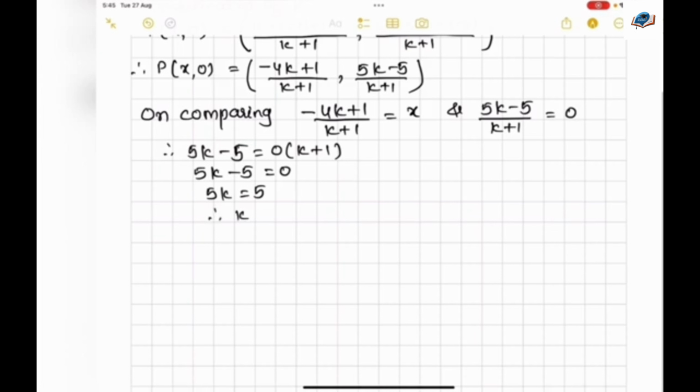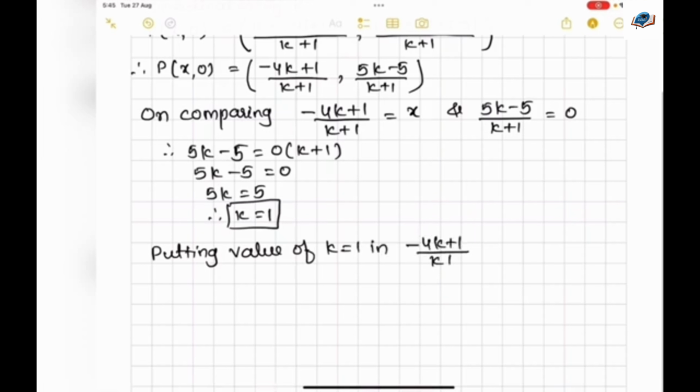So therefore k equal to 1. Putting value of k equal to 1 in (minus 4k plus 1) upon k plus 1 will be equal to (minus 4 into 1 plus 1) upon 1 plus 1. Minus 4 plus 1 will be minus 3 by 2. So therefore x equal to minus 3 by 2.